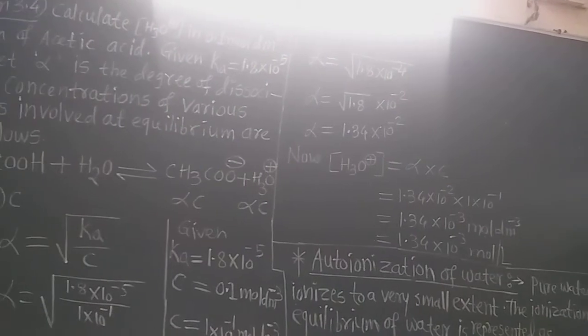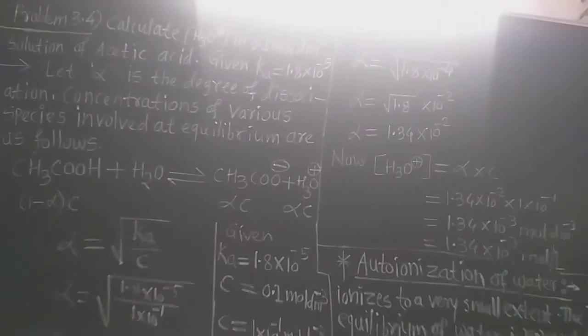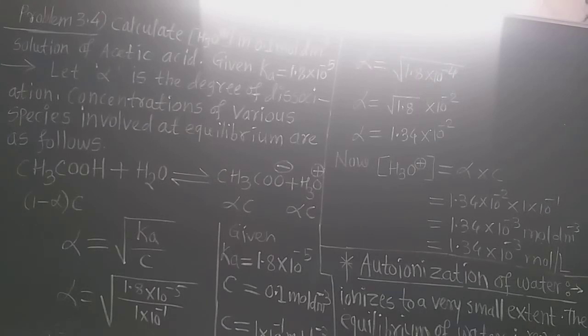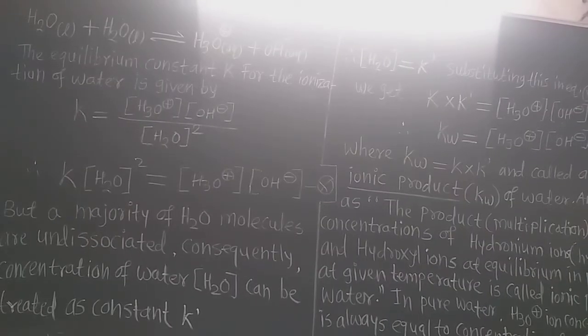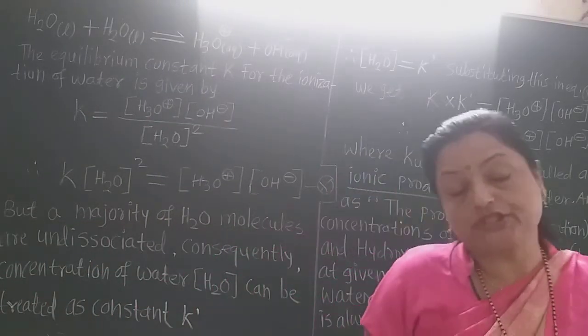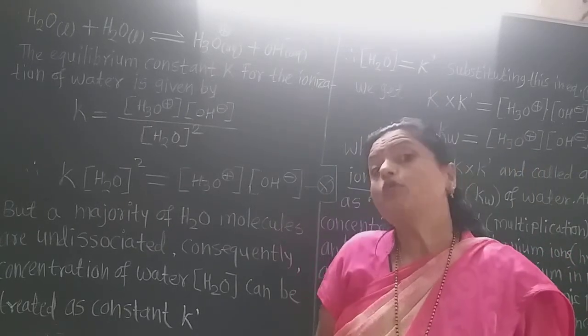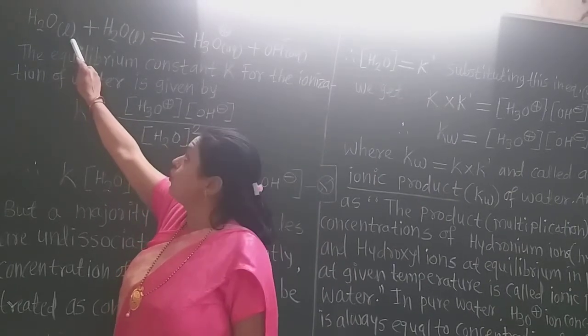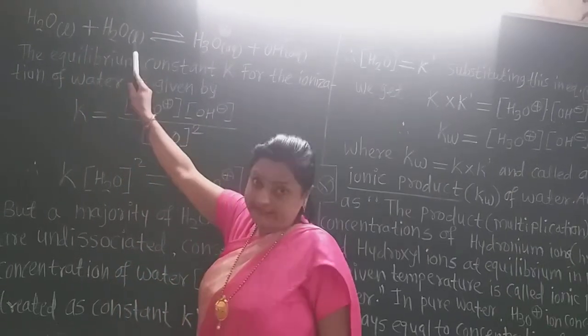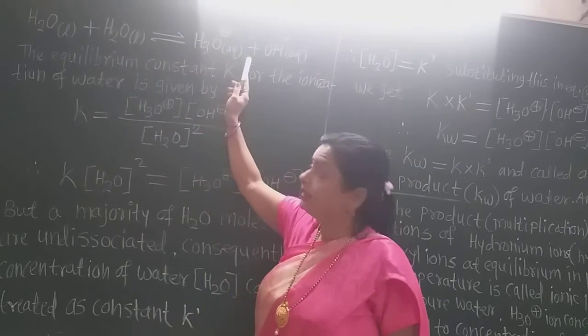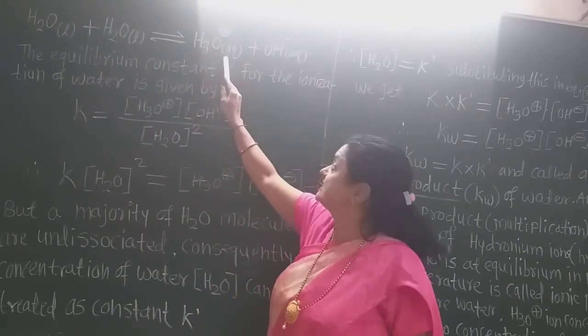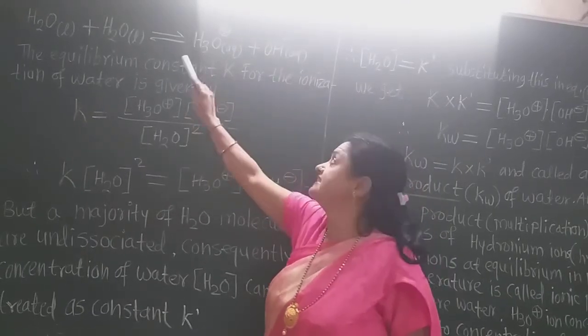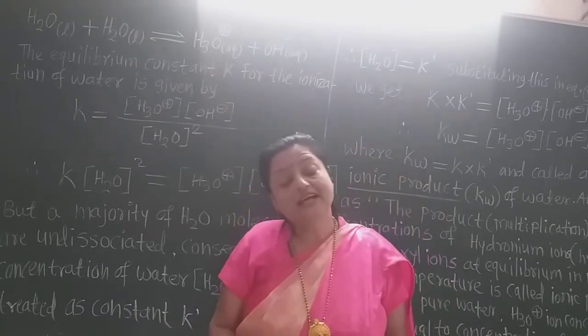Now let us learn the ionization of water. Again watch on the blackboard, students. Now we know that there is the autoionization of the water molecules, and at equilibrium the water molecules ionize as H2O, first molecule of water, plus H2O liquid, second molecule, and at equilibrium it gives H3O plus aqueous and OH minus aqueous, that is hydronium ion and hydroxyl ion.